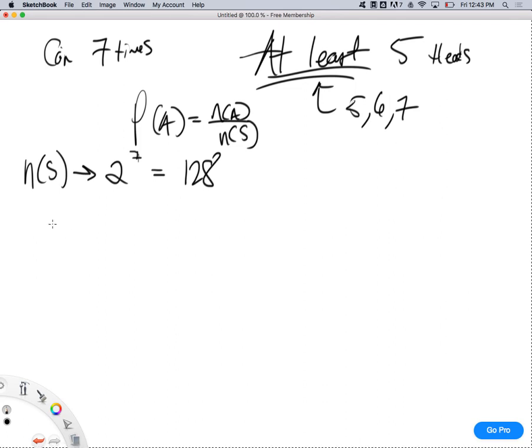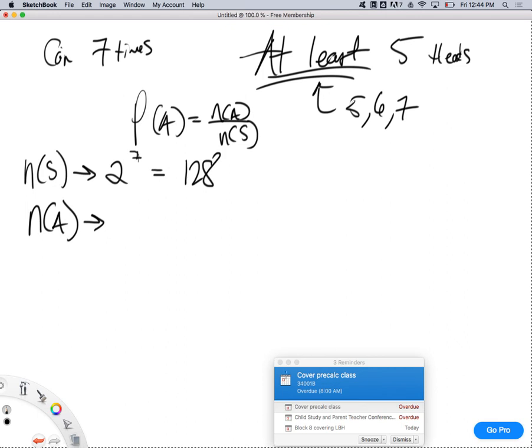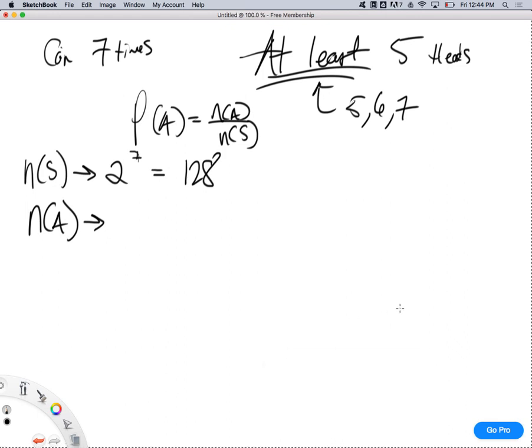All right. N(A). Now, with N(A), I'm interested in 5, 6, and 7. So I've got to check out all those different possibilities. So I'll write it down like this. 5 heads, 6 heads, and 7 heads. I'm interested in all of those. So for all of them, I'm still flipping the same amount of times.